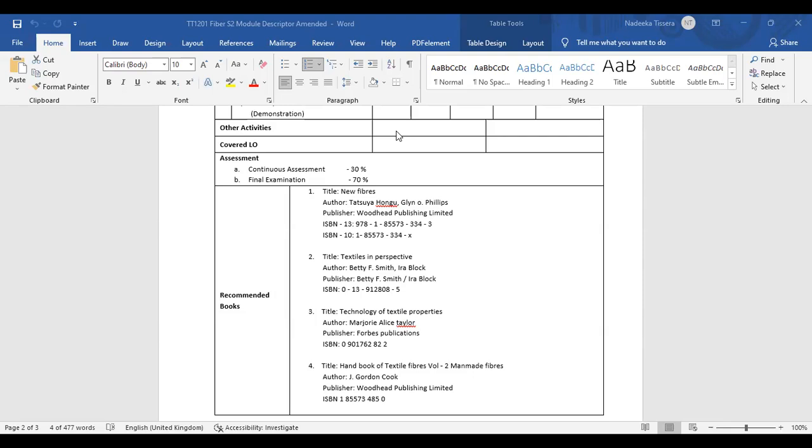But if someone tells something like this, rayon, okay, rayon is a cellulose material. Is that statement correct? How do we manufacture viscose rayon? Okay, since maybe some of you don't know how we manufacture viscose rayon, we take the wood pulp which contains cellulose and then we dissolve it and then we spin yarn.